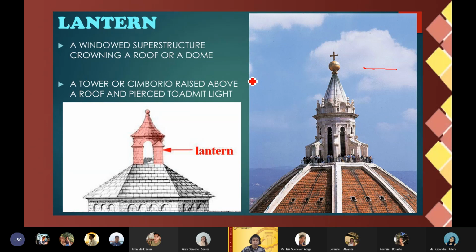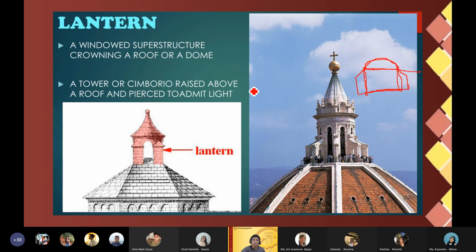If this is the church, if this is the dome, you don't have the capacity to provide windows in this part.